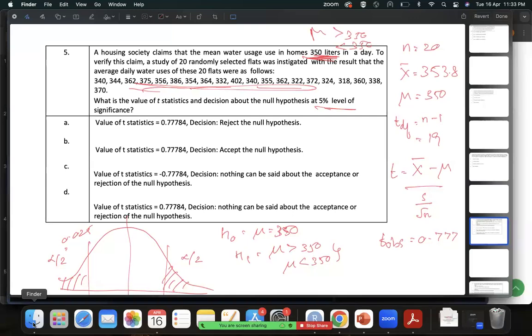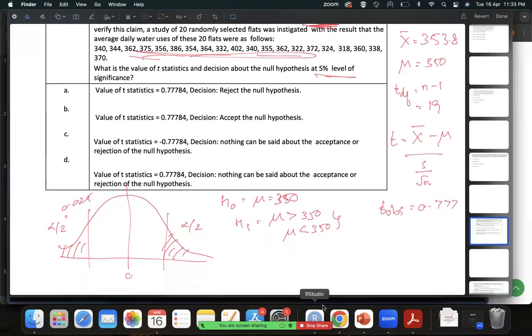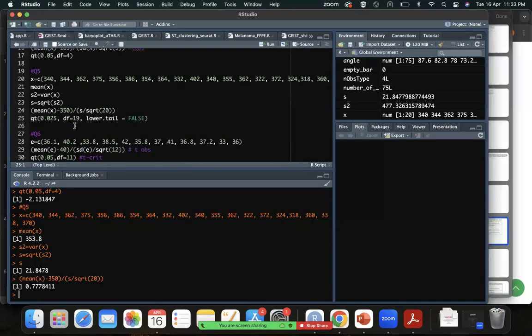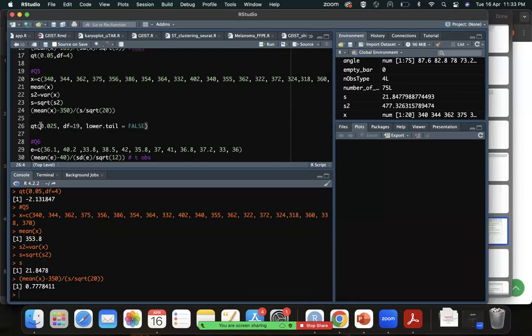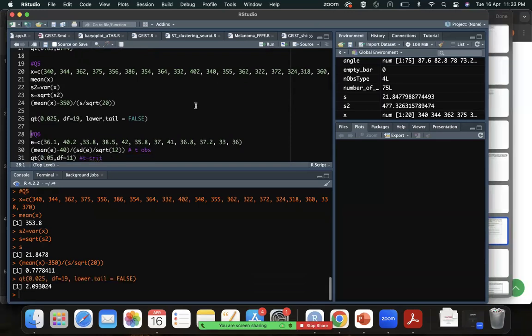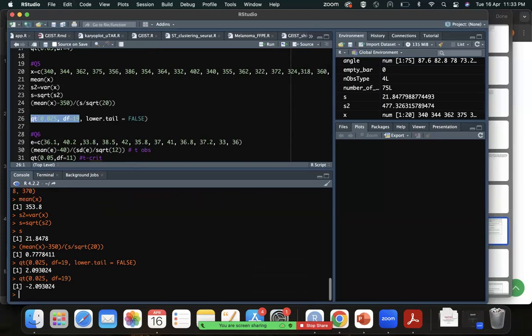So even here you use qt, because alpha by 2 is 0.025, with degrees of freedom 19. Even if you write lower tail true or false, you'll still get the same plus or minus value.